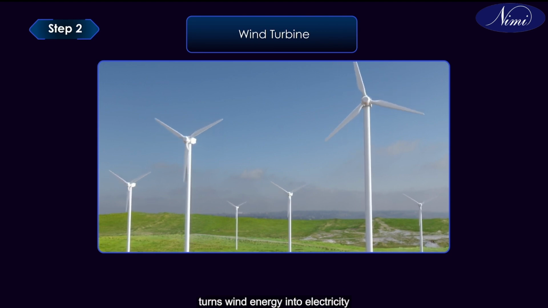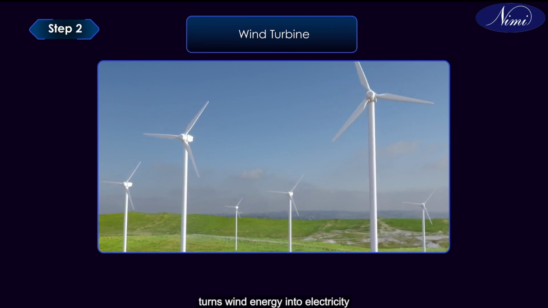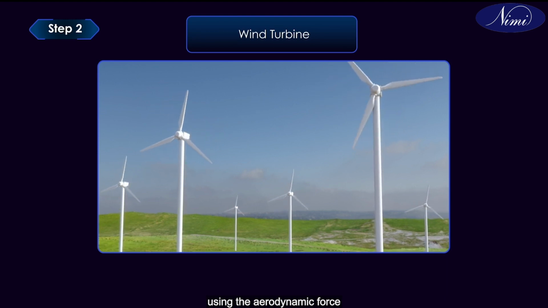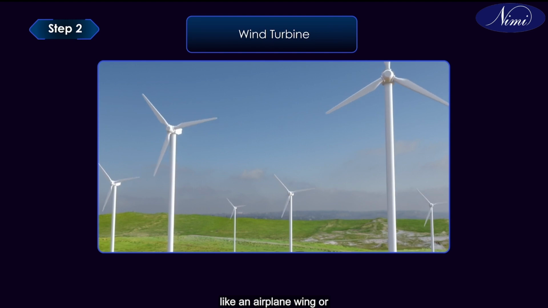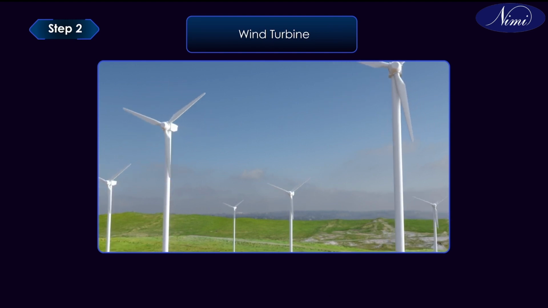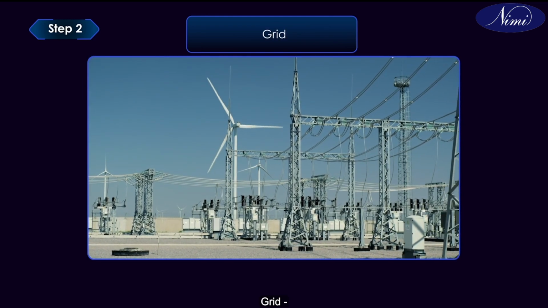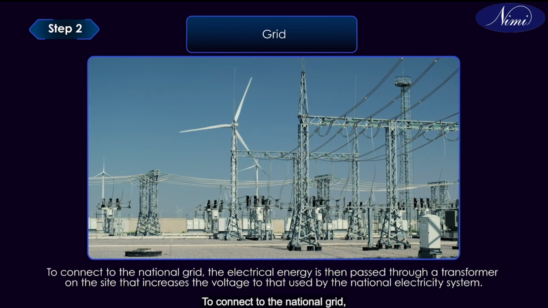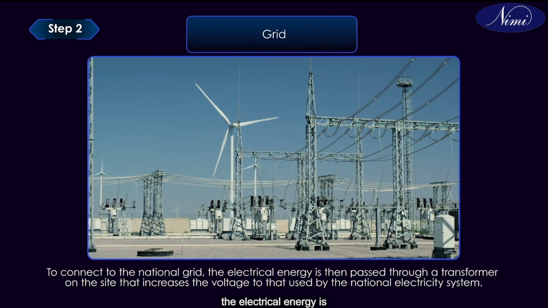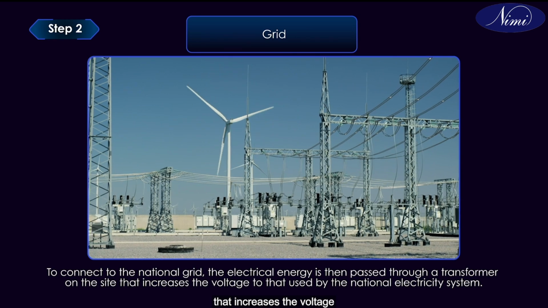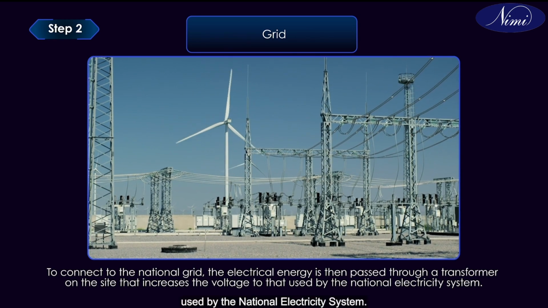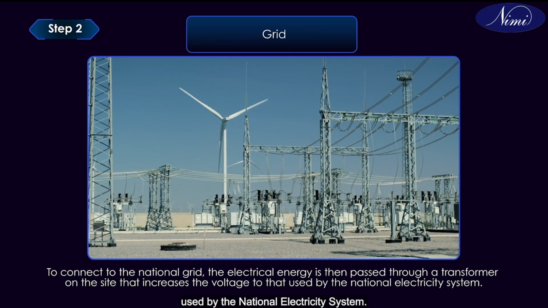A wind turbine turns wind energy into electricity using the aerodynamic force from the rotor blades, which work like an aeroplane wing or helicopter rotor blade. Grid. To connect to the national grid, the electrical energy is then passed through a transformer on the site that increases the voltage to that used by the national electricity system.